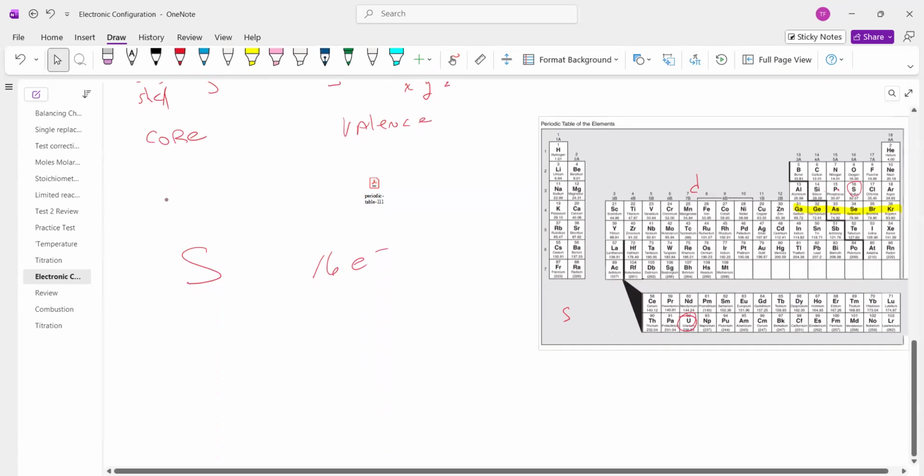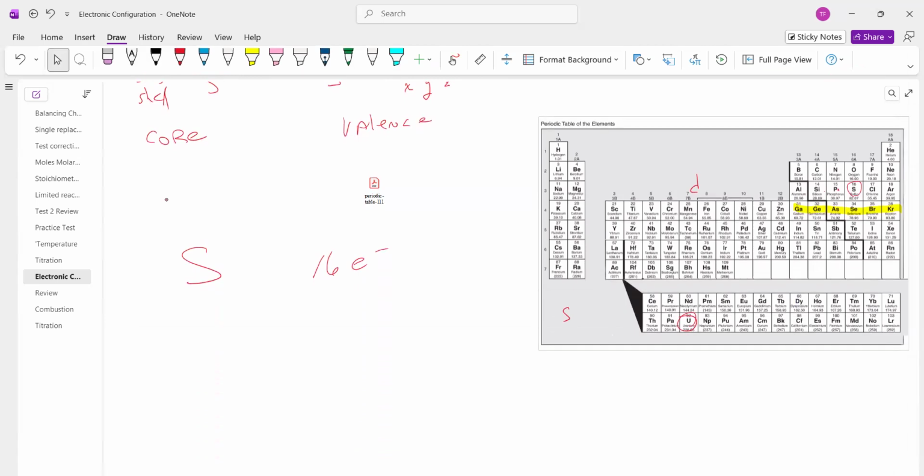So now we're going to look at sulfur. Sulfur's got 16 electrons we have to do the configuration on. Okay, so that takes care of the first two. Now you're going to notice a distinct pattern emerging.